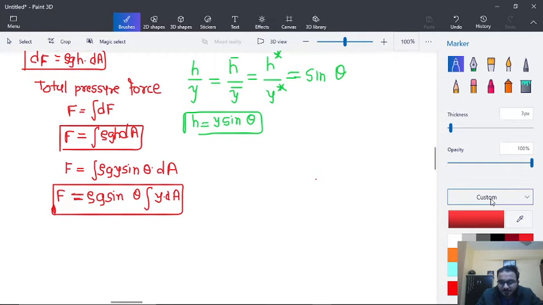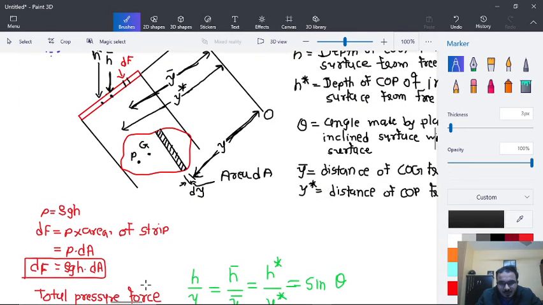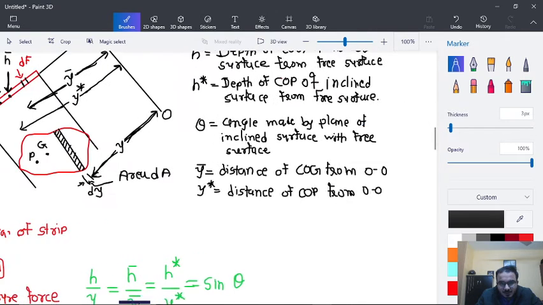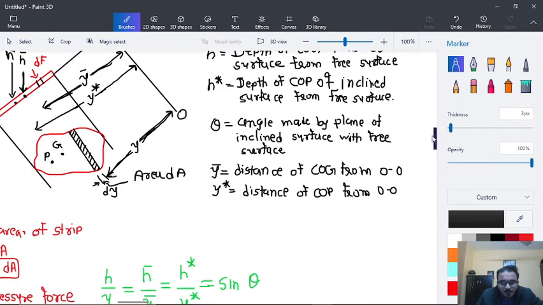So now here, instead of integration y into dA, we can say it is equal to A into y bar. Why? Because y bar here is distance of COG from OO.